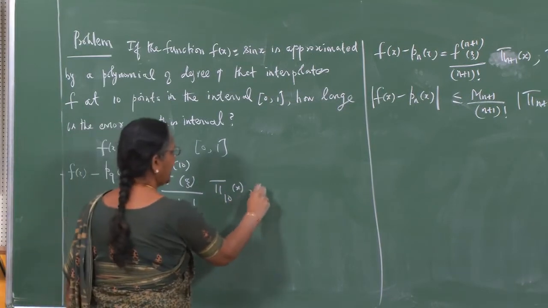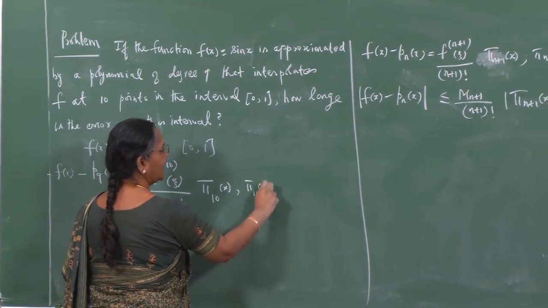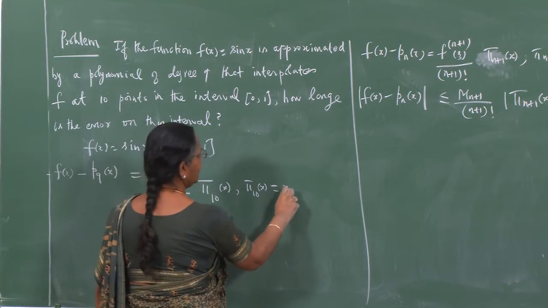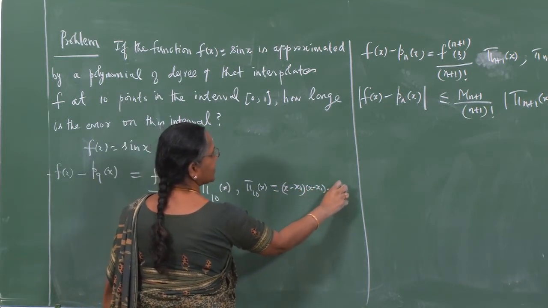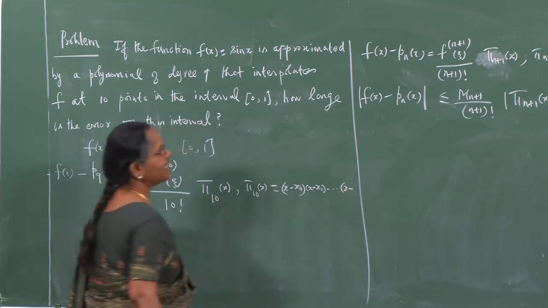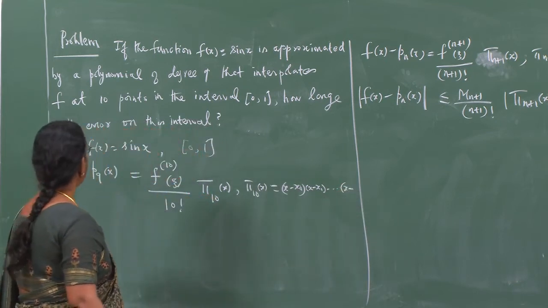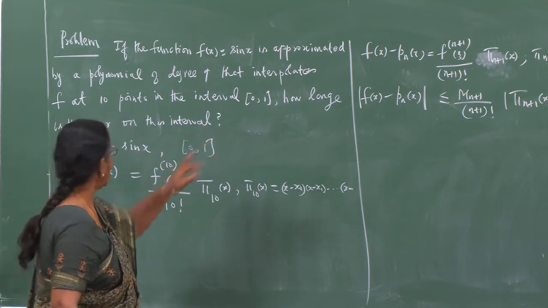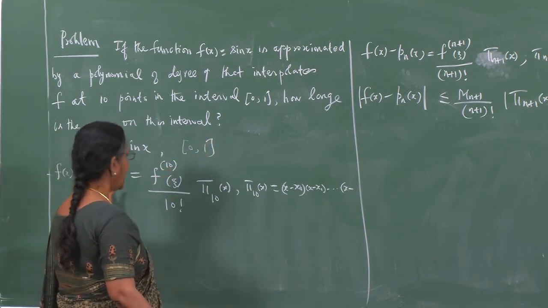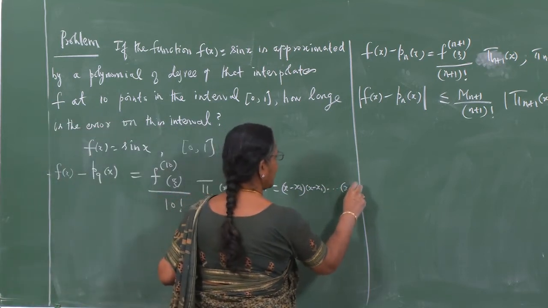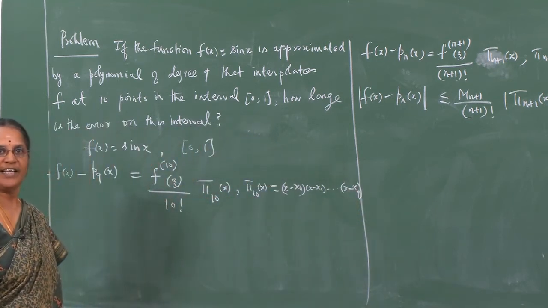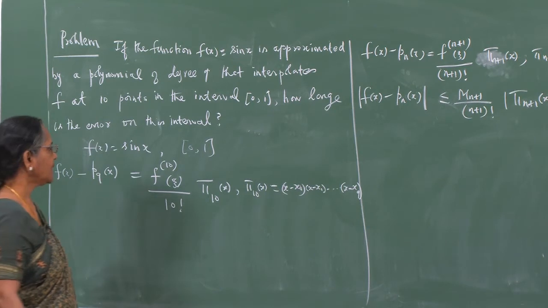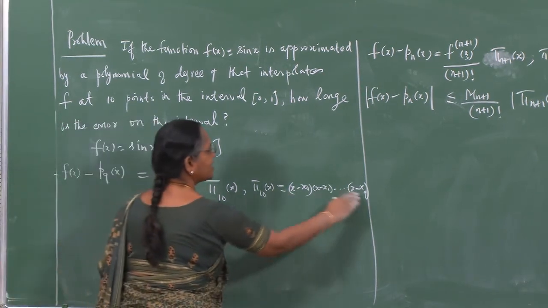What is this pi 10 of x? Pi 10 of x will be x minus x naught, x minus x 1, and so on up to x minus x 9, since n is 9. So, it is a polynomial of degree 10. Where do these points lie?